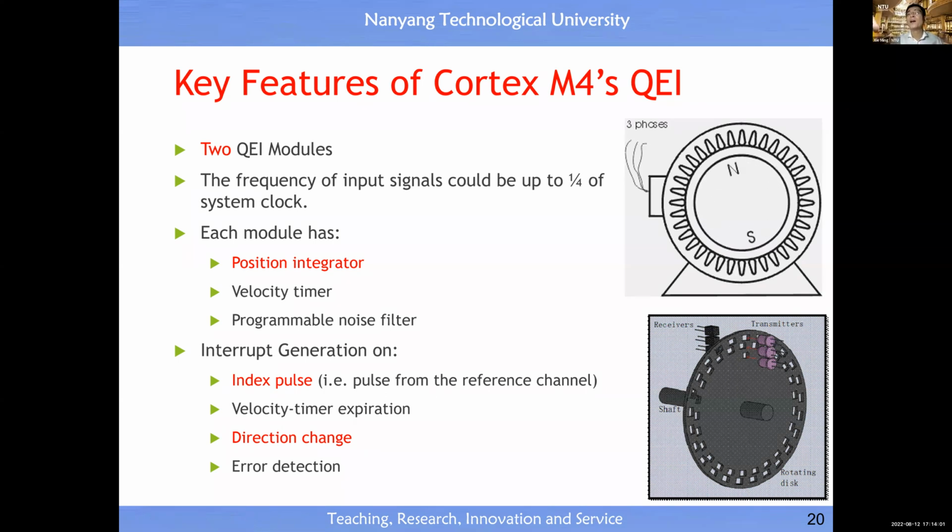Direction means a sign, positive value, negative value. And the third one is for us to know the reference position to start the measurement of a velocity. If we know the 0 position, then we can do integration. Then the result will be the position or distance, something like that, right?